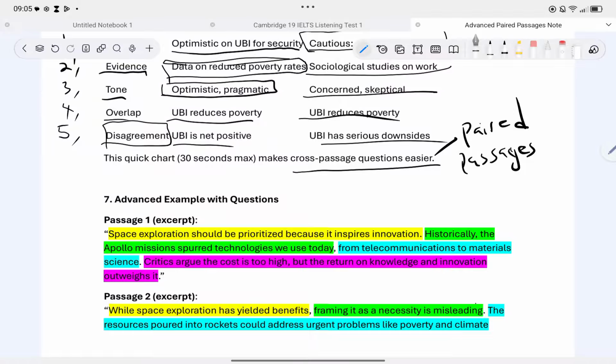The tone for the first one is one of optimism. The tone for the second one is a critical one, as well as disapproving.